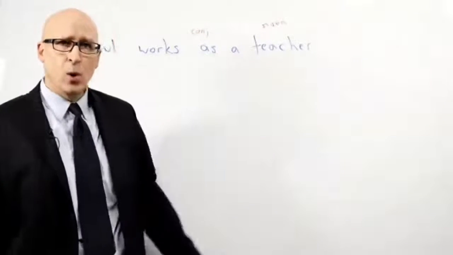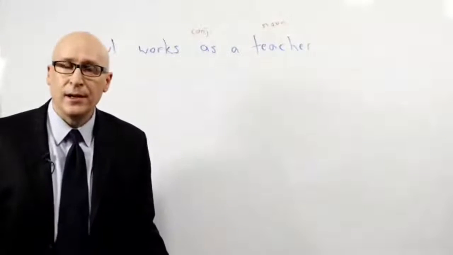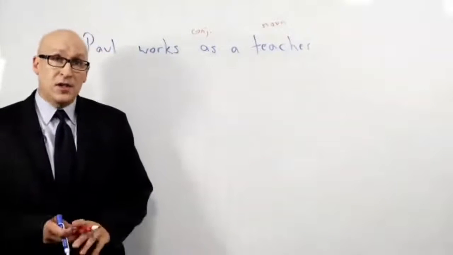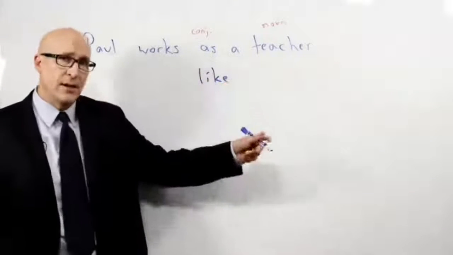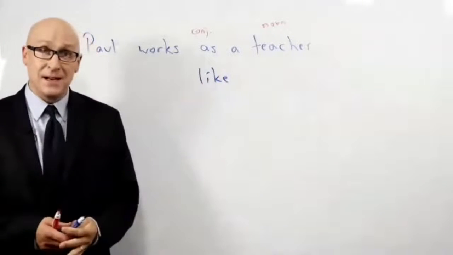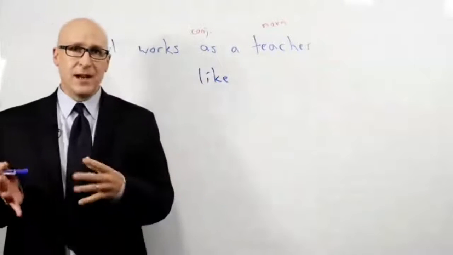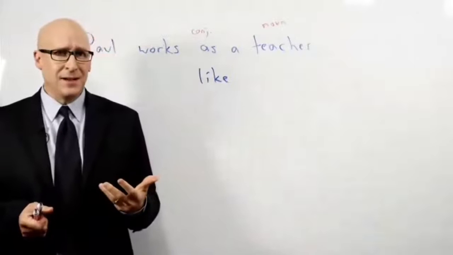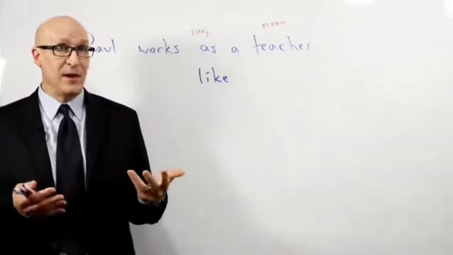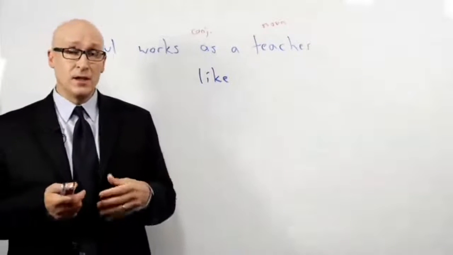We should have like here. Paul works like a teacher. You could say Paul works like a teacher. That would be fine. But what does that mean? That means that I work in a similar way to a teacher. It doesn't communicate that I am a teacher, that it's my function, it's my job, it's my role.